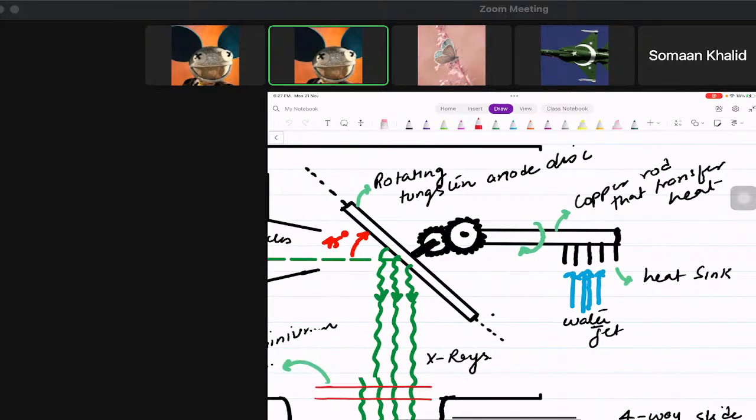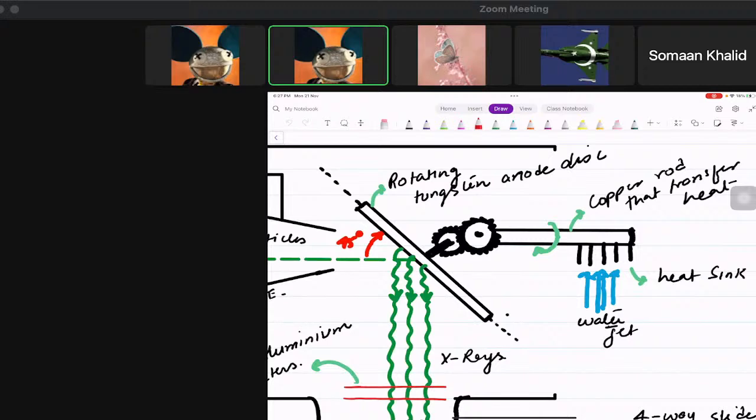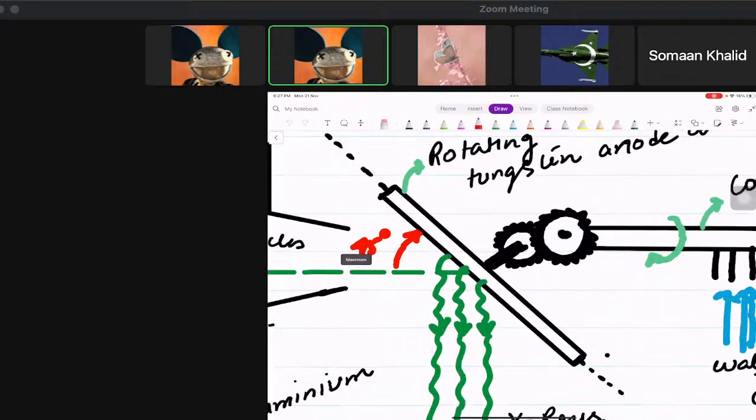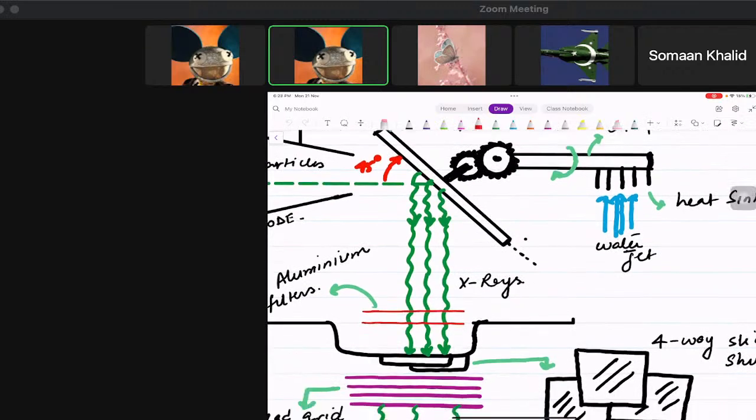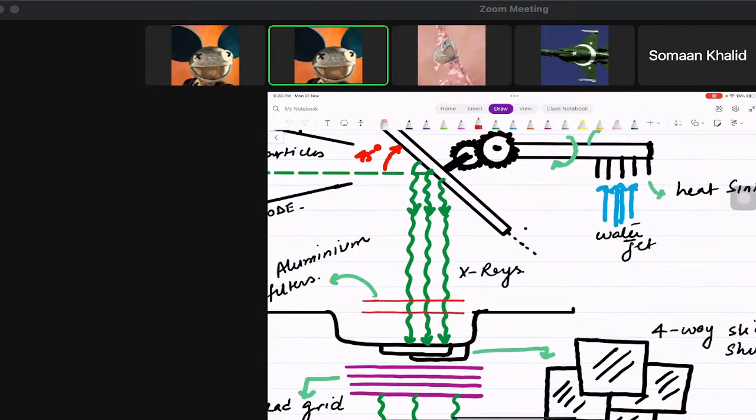The other thing is that this rotating disc is angled at 45 degrees. When the electrons strike, because it follows the laws of reflection, a strike at 45 degrees also releases the photons at 45 degrees downwards, like this. Then there are certain aluminum filters.